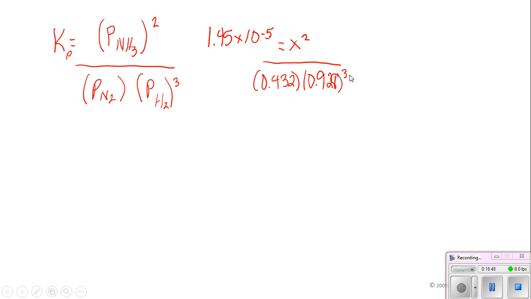So when we cube and multiply this, we're going to get 1.45 times 10 to the negative fifth equals x squared over 0.345. So we need to move the 0.345 to get x squared by itself.